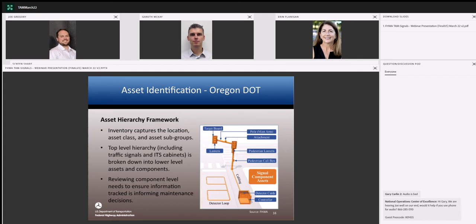To me, one of the most important parts on this slide is the third bullet point. One thing that is important to Oregon DOT is that they are continually reviewing the component level data that they are tracking and collecting, and make sure that that information that they are recording is informing decisions that they make about those traffic signal assets.